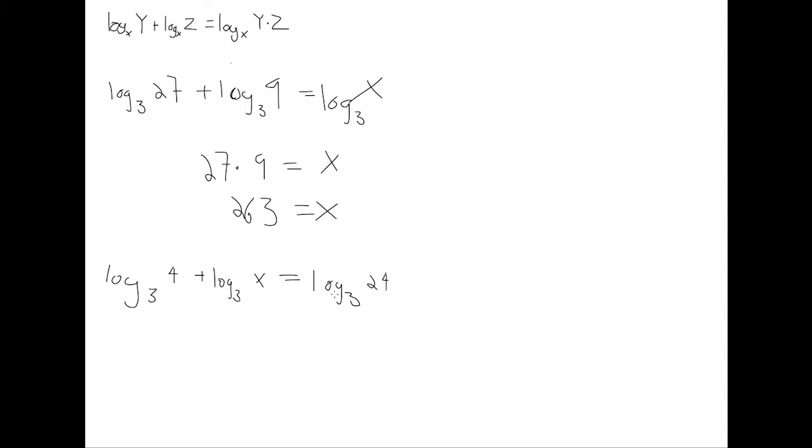Okay, so what do we know? Well, we know that this number over here must equal this number times this number. So we know 4 times x will equal 24. So with some simple algebra, I'll just divide both sides by 4. We get x equals 6.